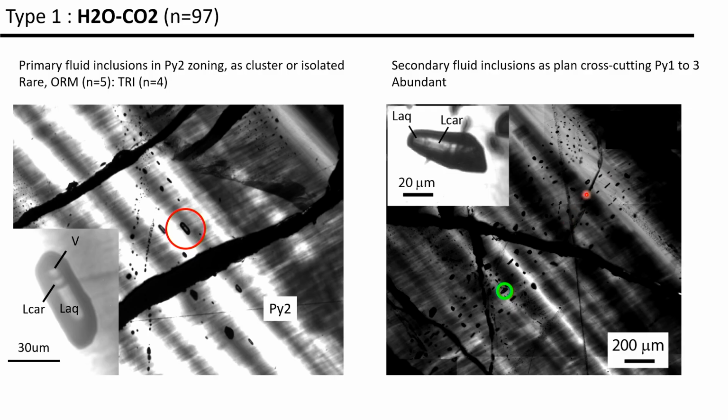Here you have a plane of fluid inclusions that crosscuts the primary textures. In this case, you have big carbonic phases compared to the aqueous phases. And those ones are the most abundant.